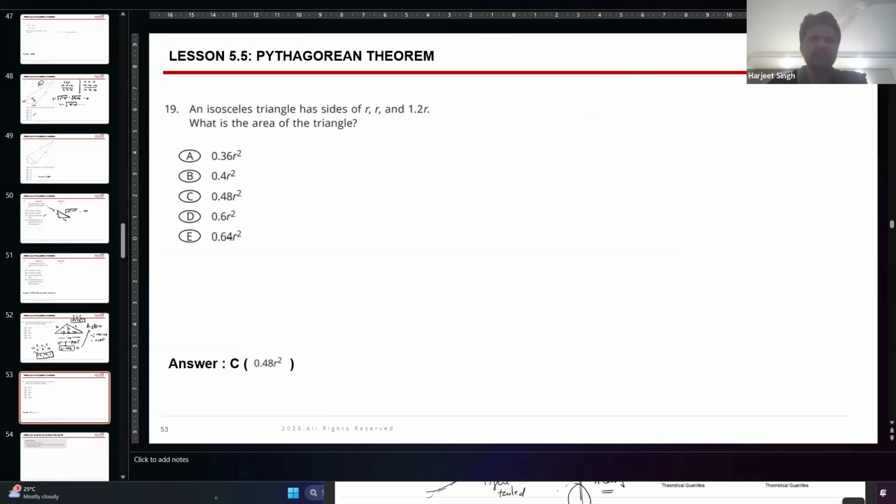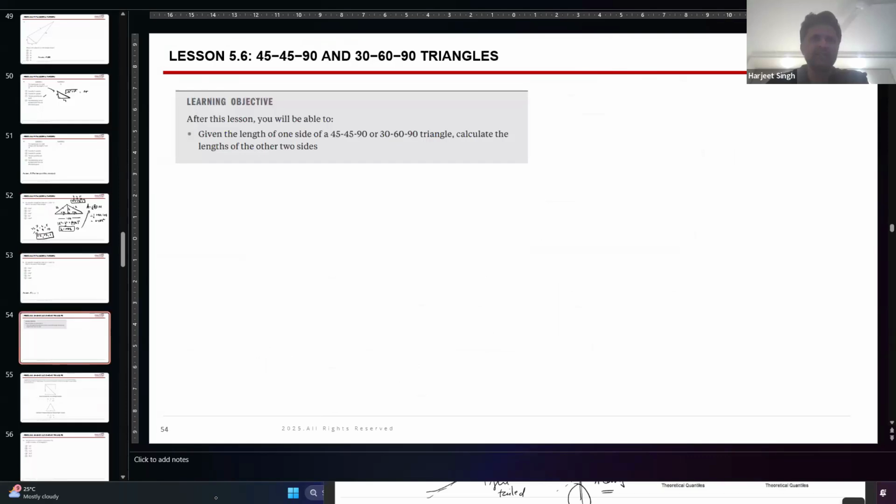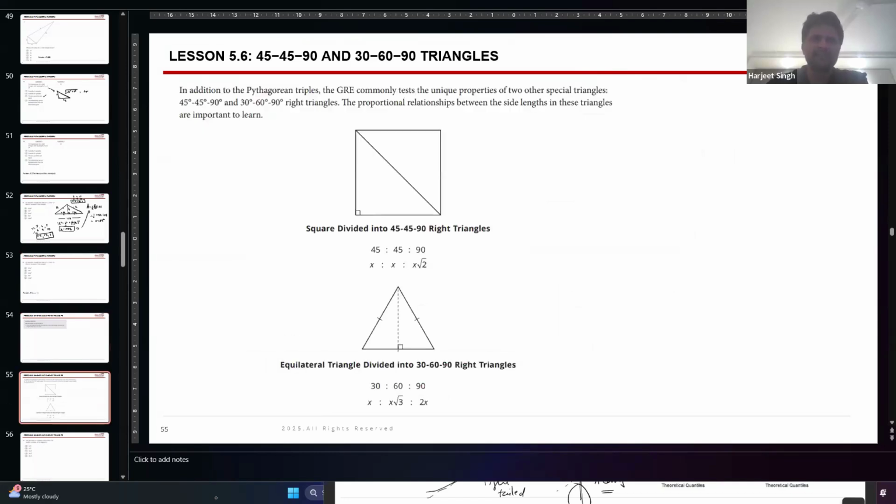Okay, next is a topic on 45, 45, 90, which is a right angled isosceles triangle, and 30, 60, 90 triangles. So basically, when you have a square and you draw a diagonal across the square, it divides the square into two equal parts.